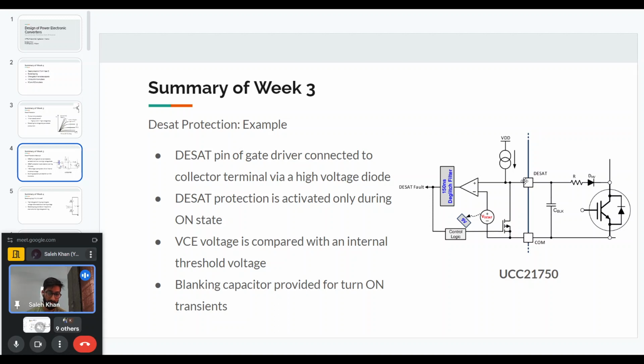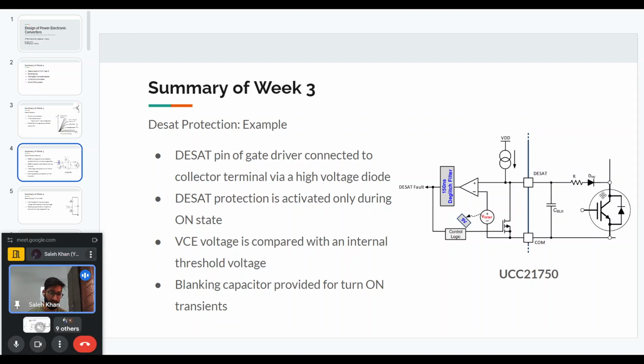And it has to be connected via a high voltage diode so that during the off condition, when the device is off, there will be a very large voltage at the collector point. In that case, it should not damage the IC. So that is why we have a very high voltage diode here that will block during that condition.